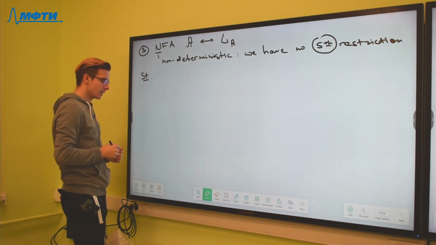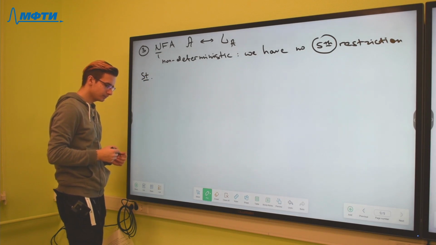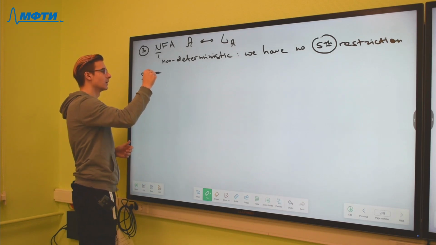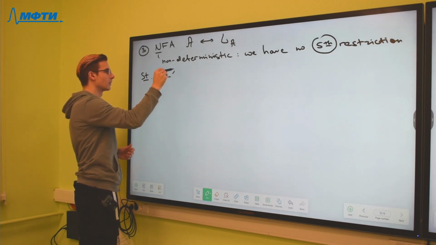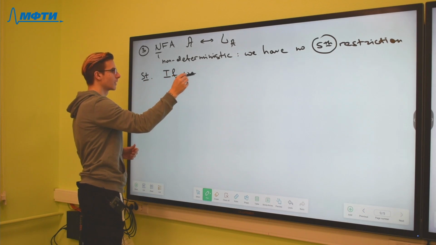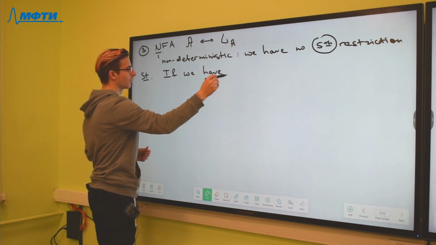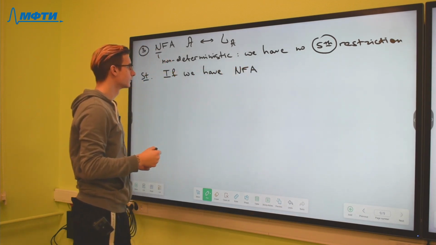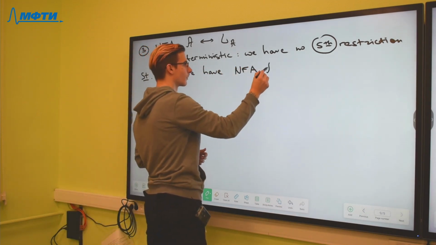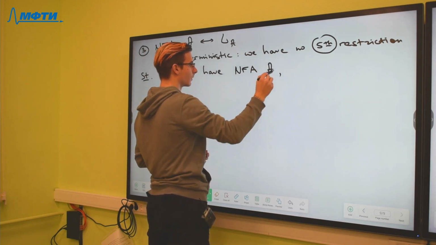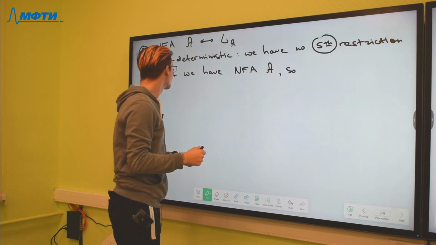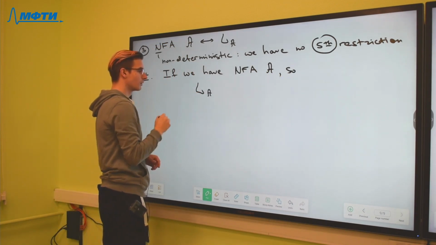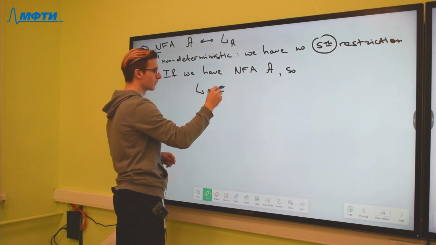So if we have an NFA, the language of this NFA will be regular too.